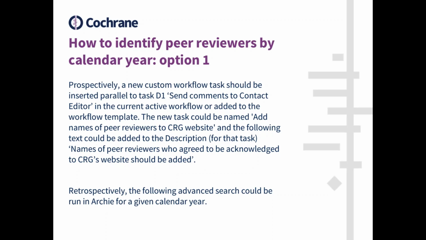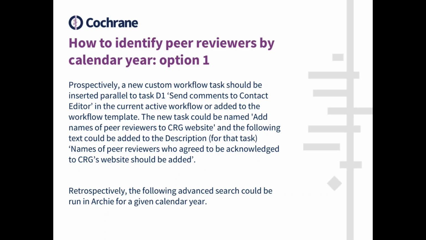The new task could be named add names of peer reviewers to CRG website or your group website. And as a descriptor for the text, you could use names of peer reviewers who agreed to be acknowledged to the CRG websites should be added here, or some similar explanation.